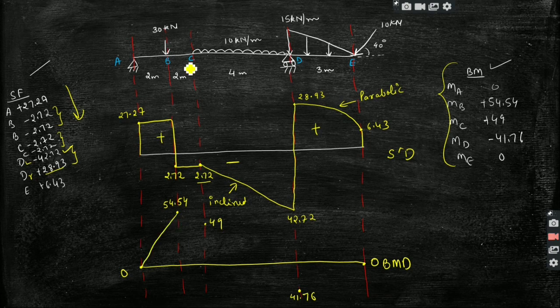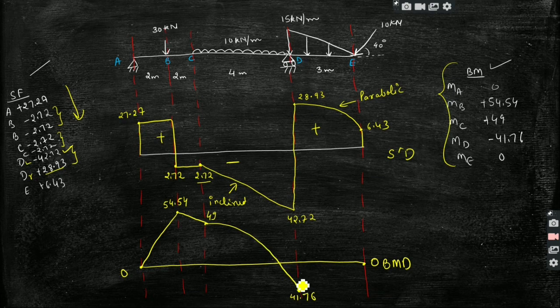Then between B and C also an inclined line. Then from C to D we have a UDL. So when we are drawing the bending moment diagram and joining the bending moment values, for UDL we have to use a parabolic shape. So we will join it like this, somewhat like this, right?